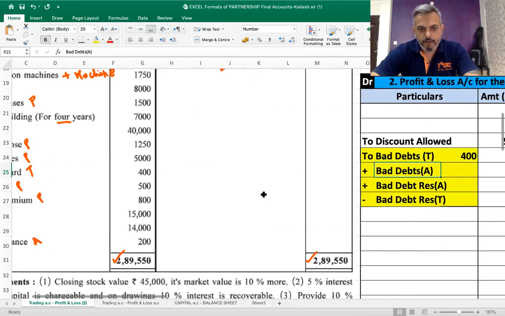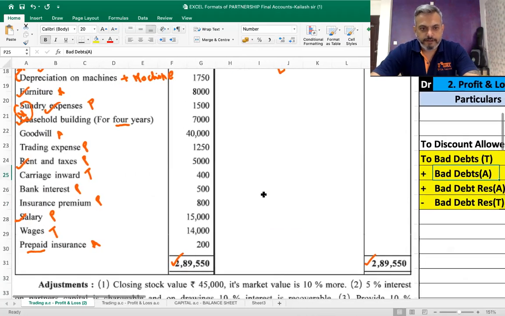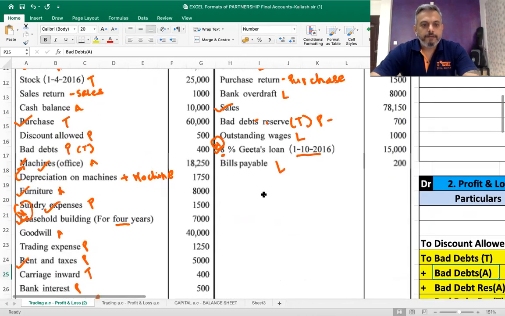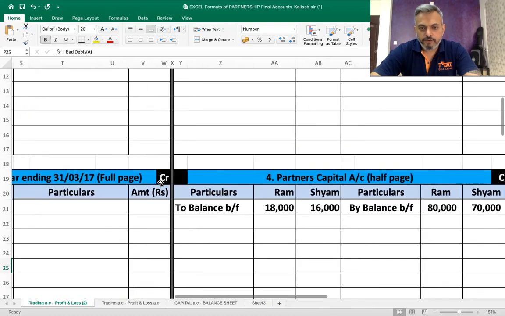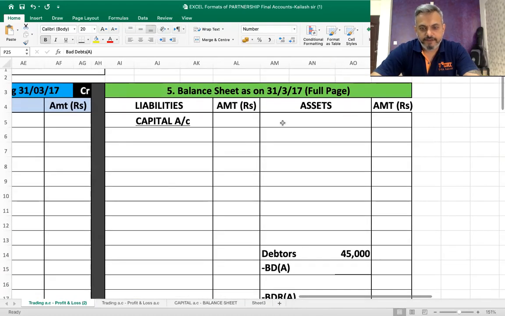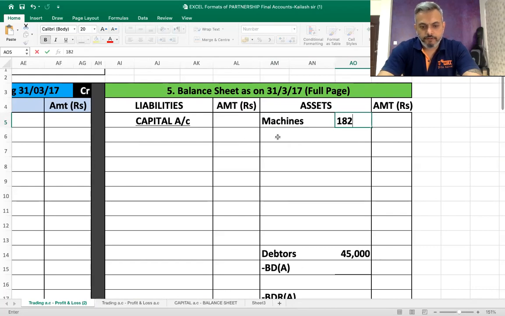Okay, now let's proceed. Machines. Now machines 18250, but we have to add this depreciation also. So let's go to balance sheet asset side. Machines 18250 plus depreciation on machine.